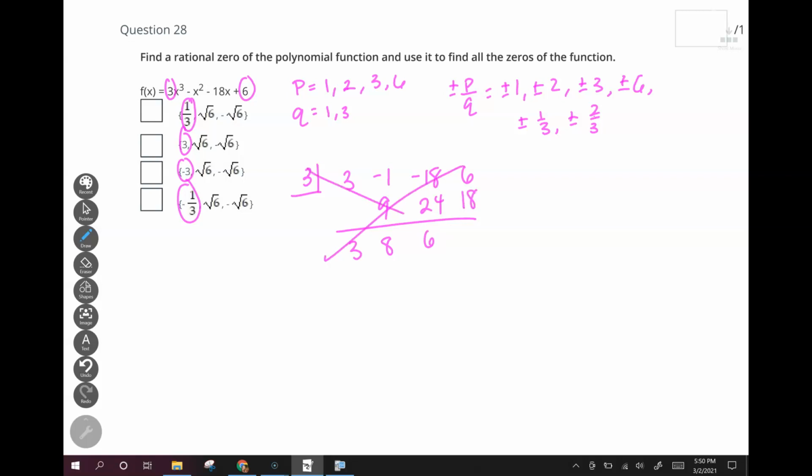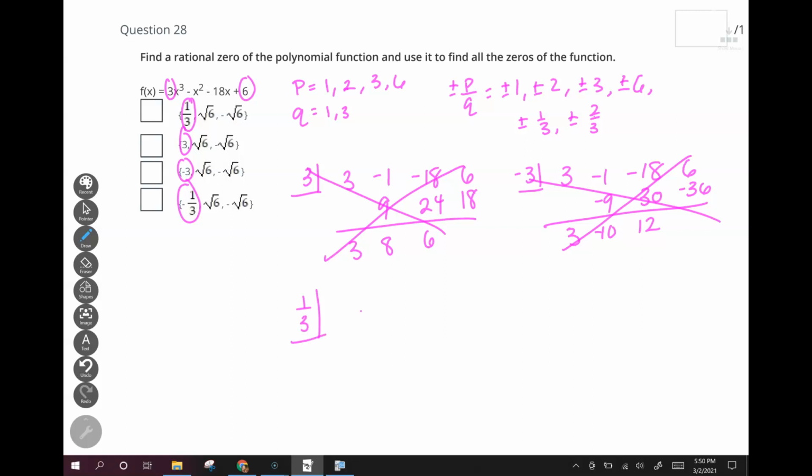Okay, that one obviously doesn't give me a remainder of 0, so I'm going to move to -3. Not a remainder of 0, so I'll move on to do, let's see, 1/3.